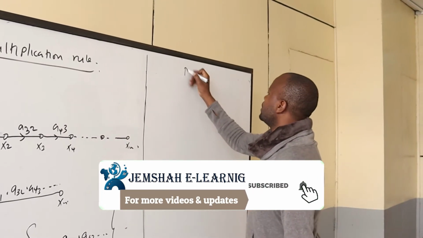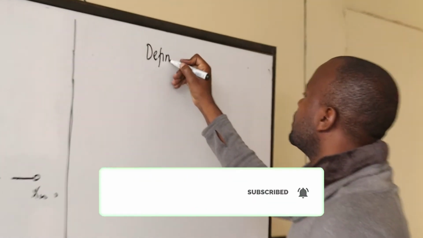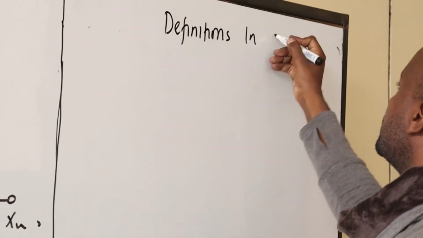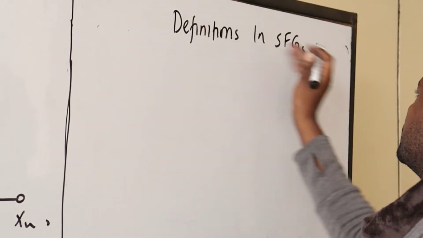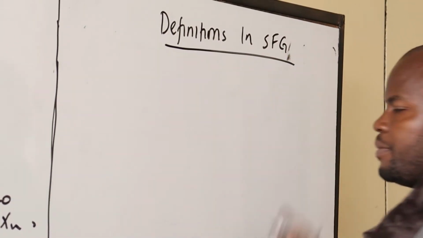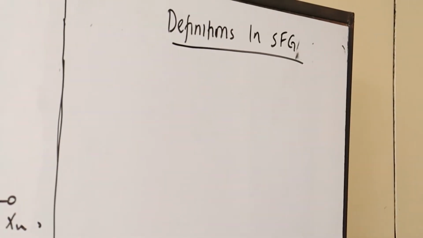So let's look at definitions in signal flow graphs.